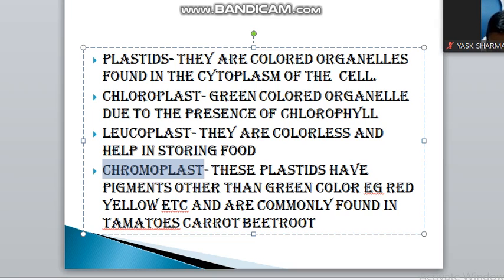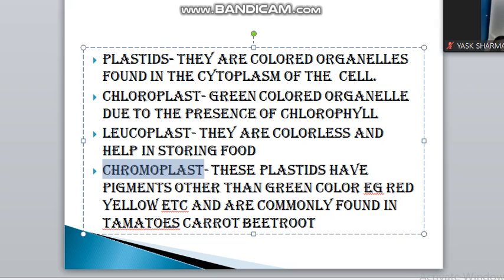Except green, whatever color is there, like tomato, which is red or orange, carrot, again red, beetroot, that magenta type color, some fruits yellow in color, even different shades of flowers. All the colored materials except green, these plastids will be termed chromoplast.